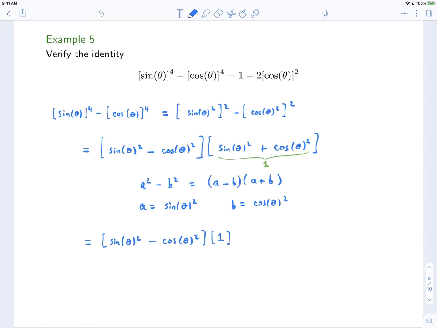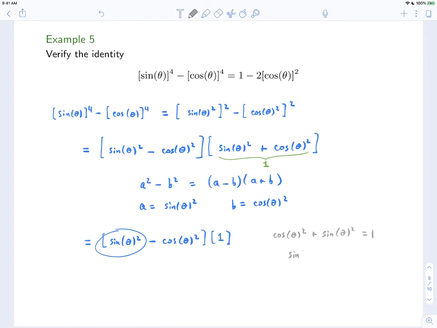So what do we do next? Well, we're going to actually use the Pythagorean identity again, but we're going to use it on this sine squared term. So let me just change the color here. So we know that cosine of theta squared plus sine of theta squared equals 1. So we're going to solve for sine of theta squared in terms of cosine of theta squared.